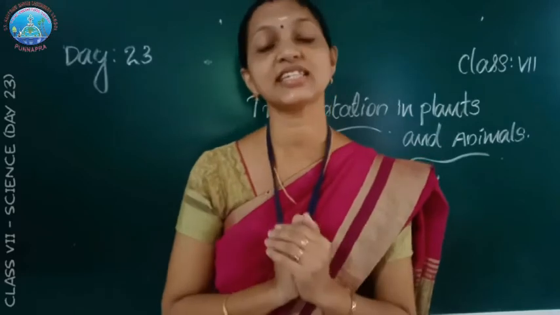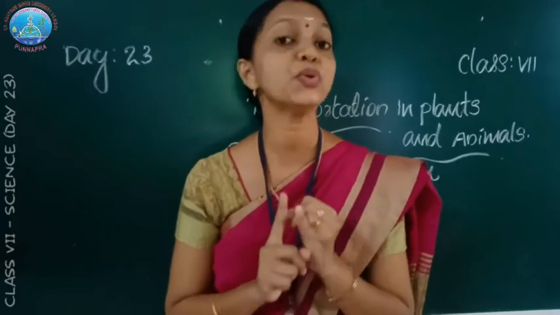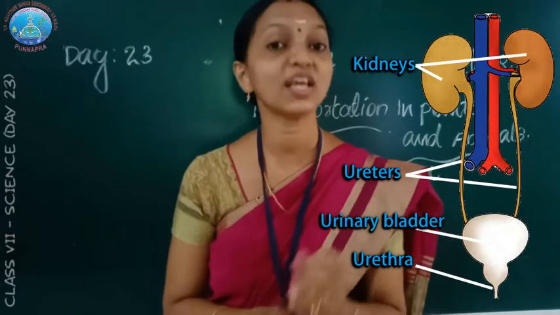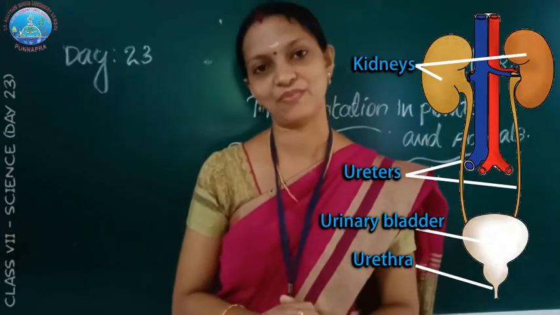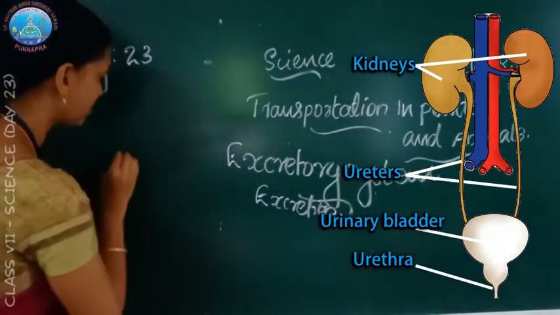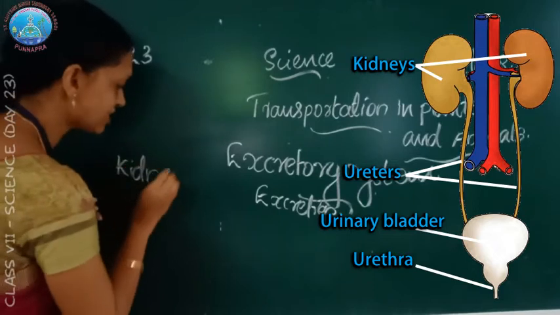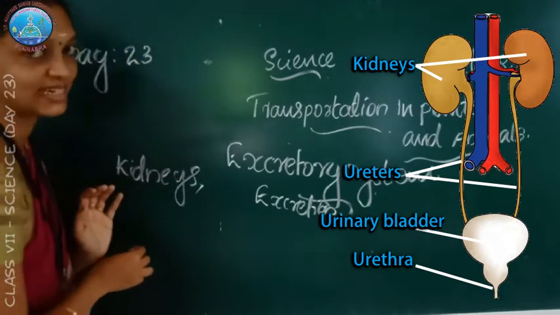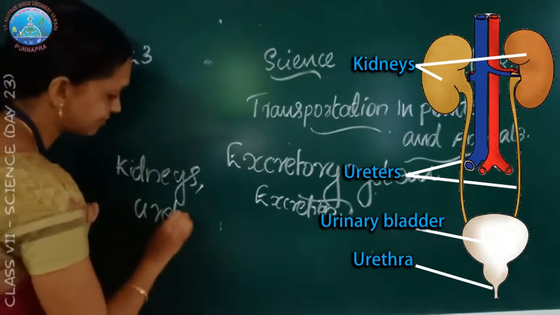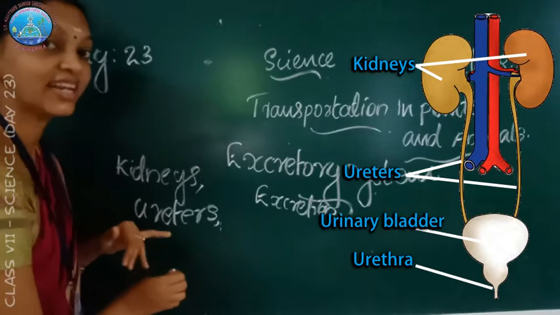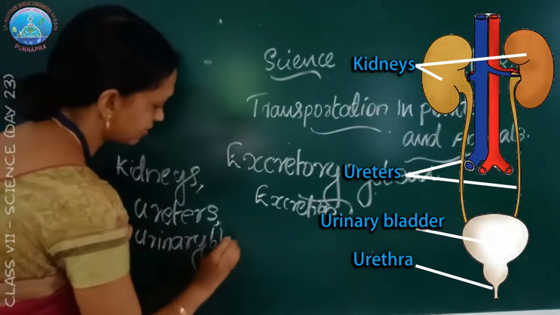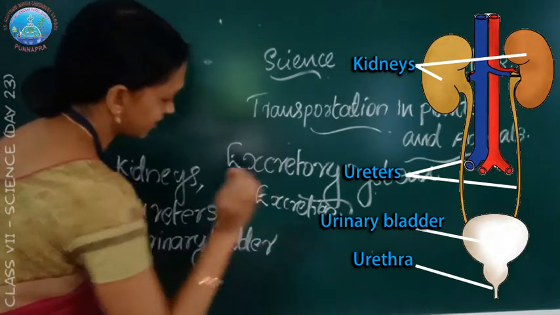The excretory system of humans consists of two kidneys, two ureters, urinary bladder and urethra. The excretory system consists of two kidneys, then two ureters, then urinary bladder, then urethra.